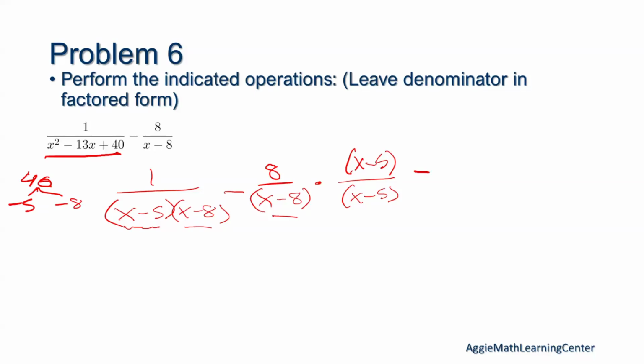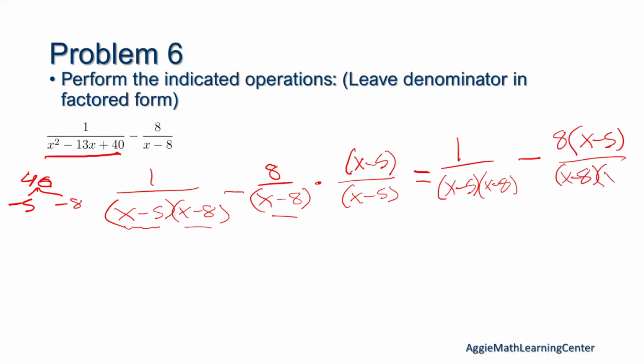So then that gives me 1 over x minus 5, x minus 8, minus, and we have 8 times x minus 5. And now the denominators are the same.